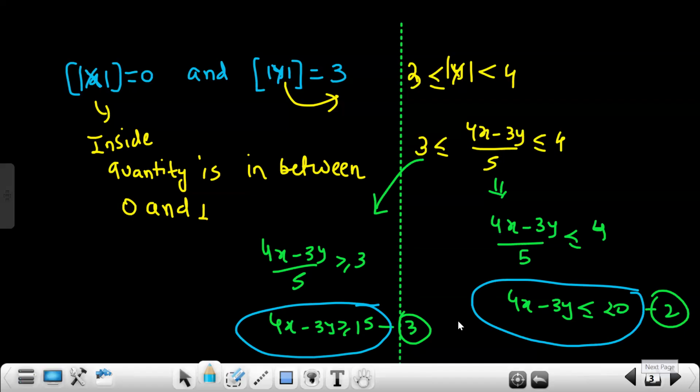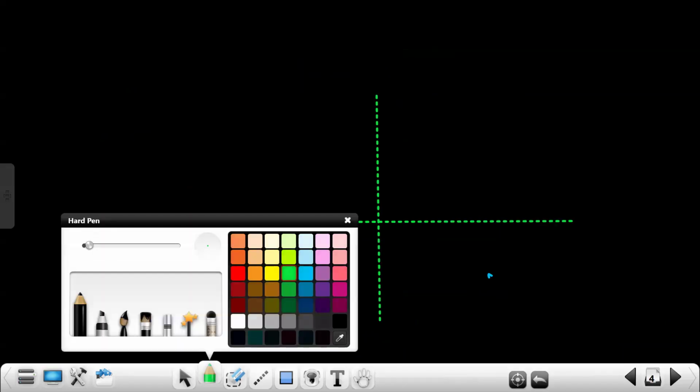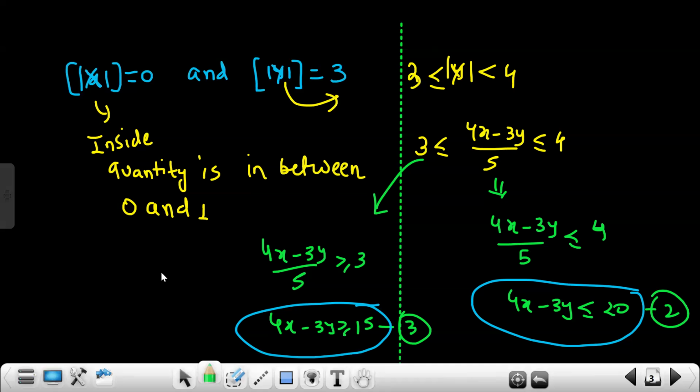So the first graph is for X. What did we assume as X?